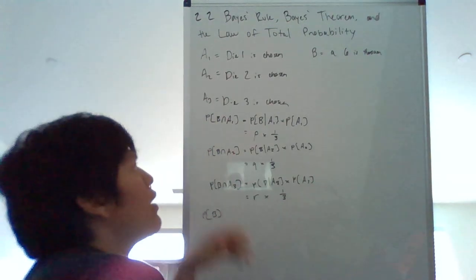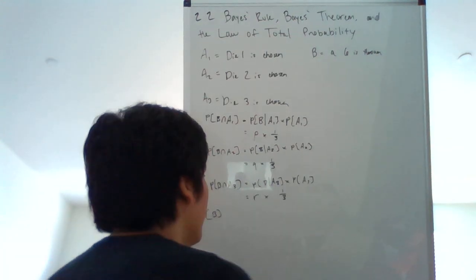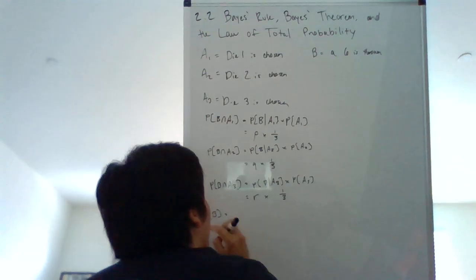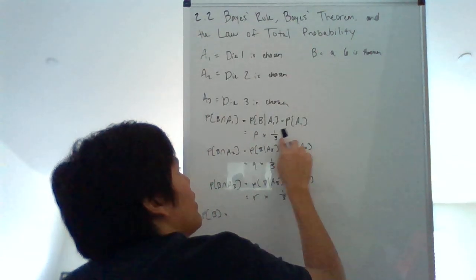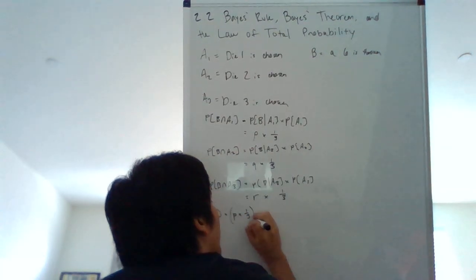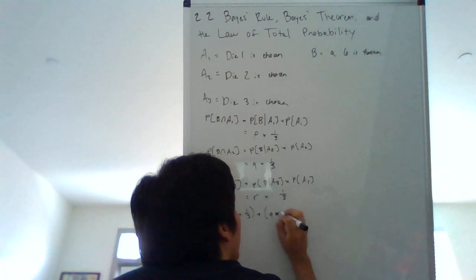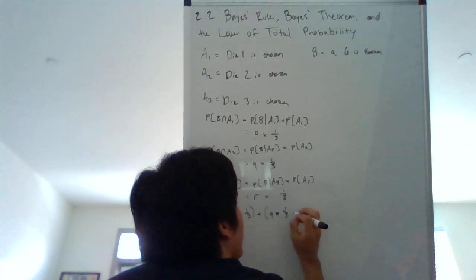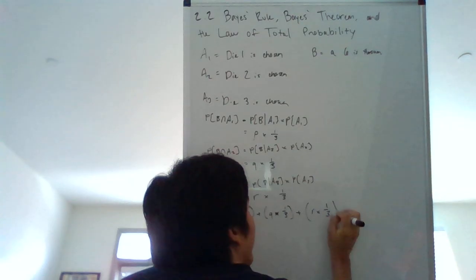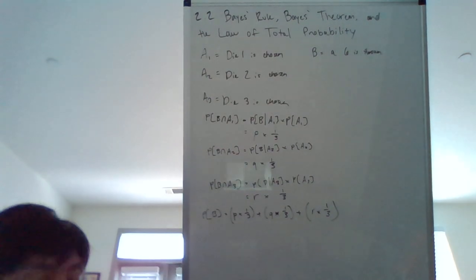And that would just be us adding up all these intersects. So we have that the probability of B is equal to P times 1/3, plus Q times 1/3, plus R times 1/3. All right? And we can simplify this a little bit.